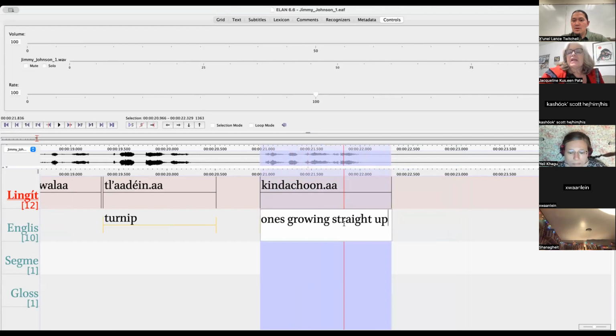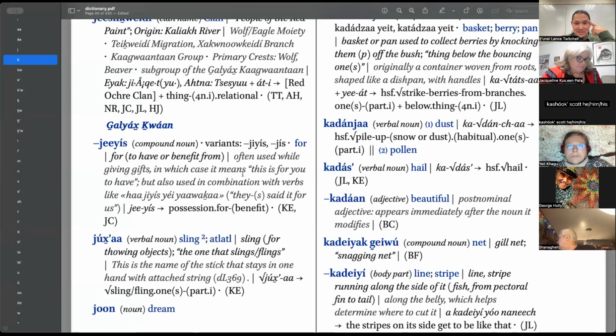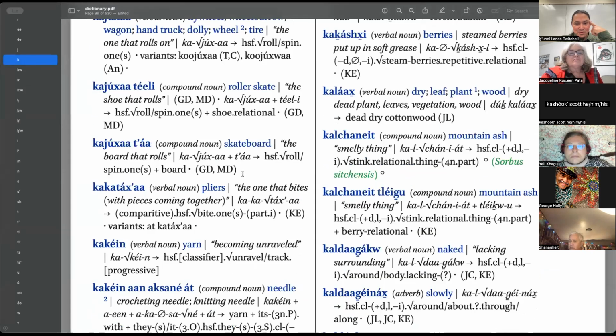So he's grouping them together? Yeah, and that could be the name of some other root vegetable. Bird. Carrot. It could be a carrot, or a pigeon or a dove. There are a number of these things with kindachun, right?